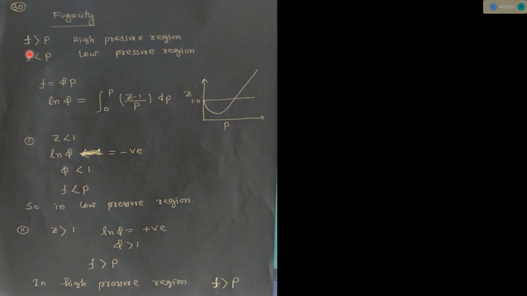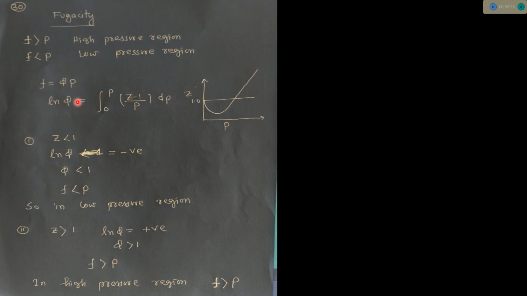In real gases we consider the fugacity term. Out of the four options we have to find the correct statement. The options were like F greater than P or F less than P in the high pressure region or low pressure region.